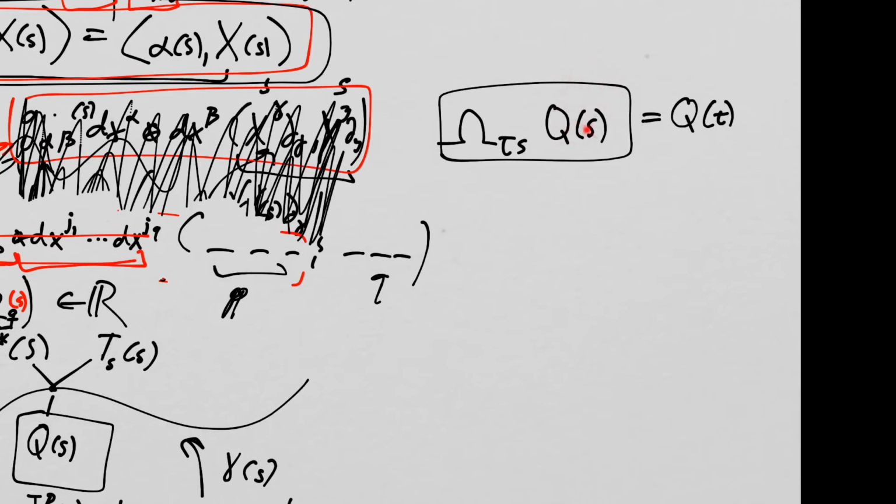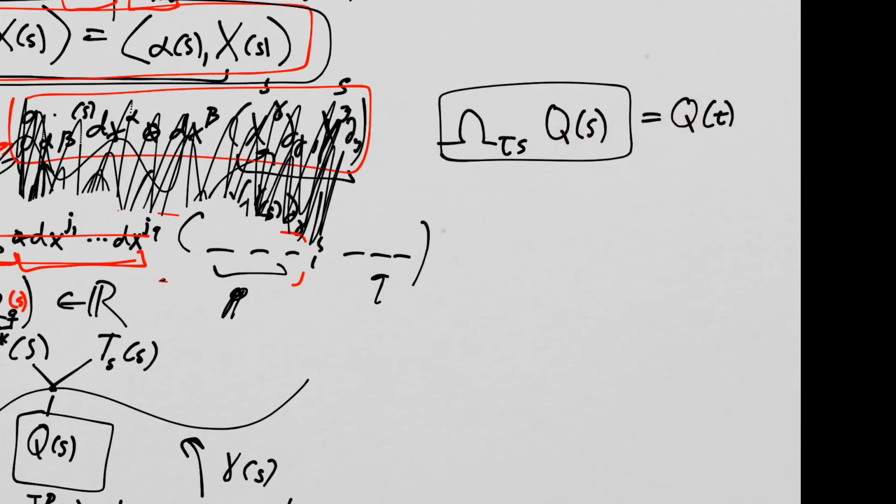I'm saying that I have a tensor in the tensor product space at the point identified by S, and I parallel transport that. This is what I'm going to call that parallel version of Q.